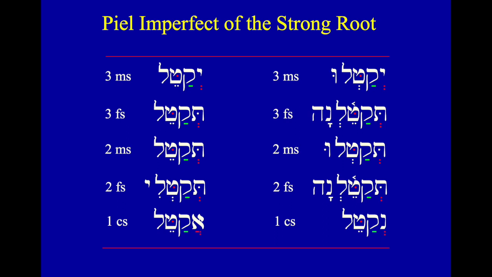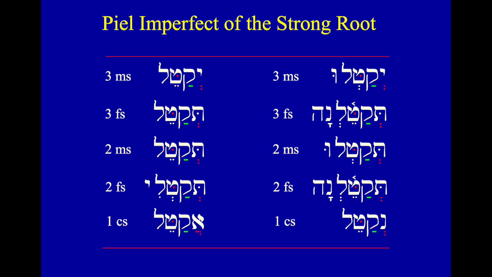And you can see that underneath every single one of these preformatives, the yod for the third masculine singular and plural, the tav for the third feminine singular, and the tav also for all the second person forms, and the aleph and the nun, you can see that for all of these forms, underneath the preformative there is a schwa.